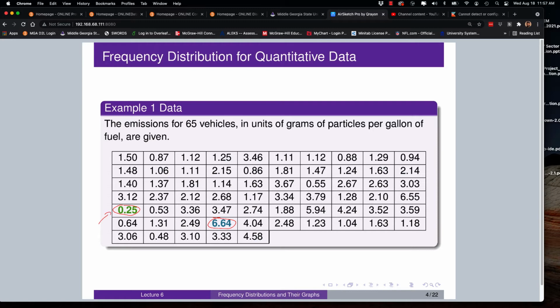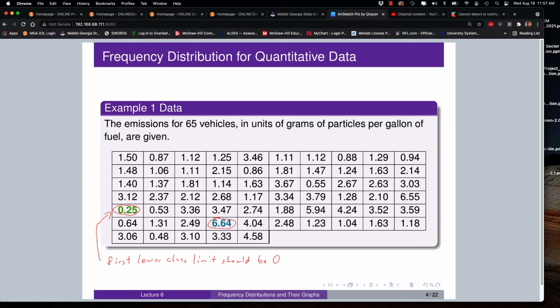Since that min is 0.25, and notice all our numbers are rounded off to 2 decimal places, our first lower class limit should probably be 0. That way we are including everything.